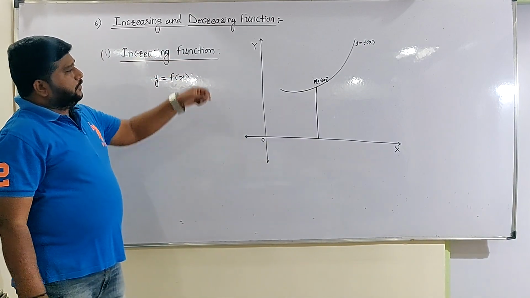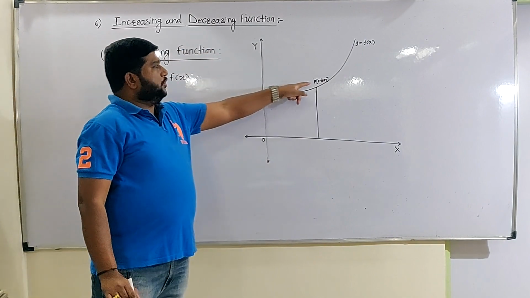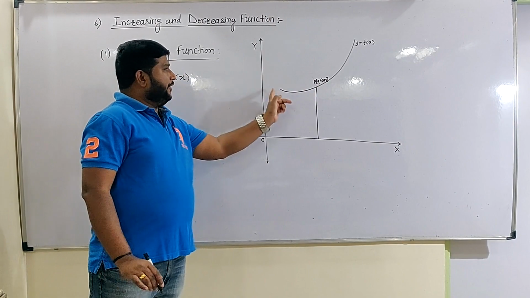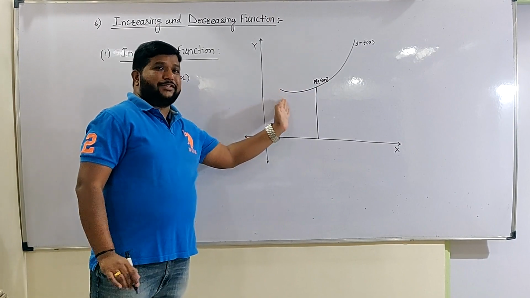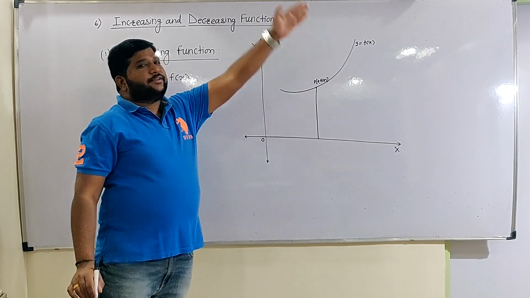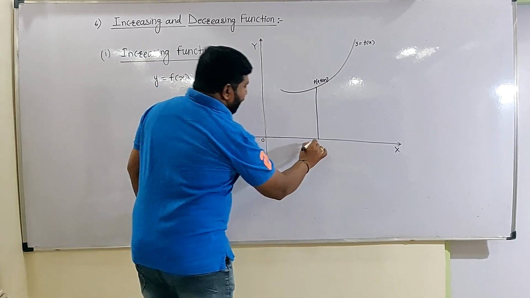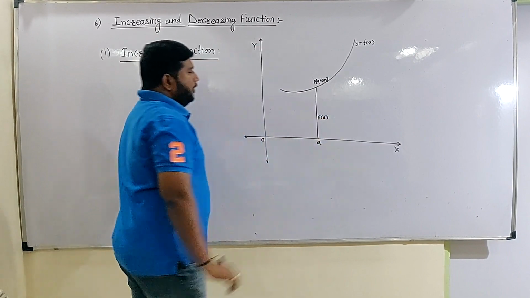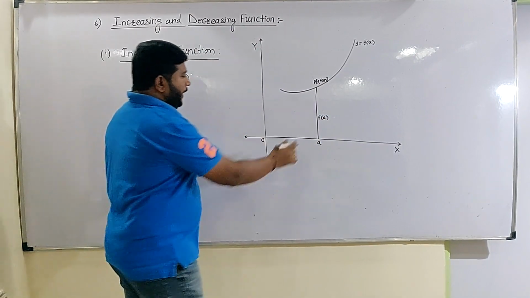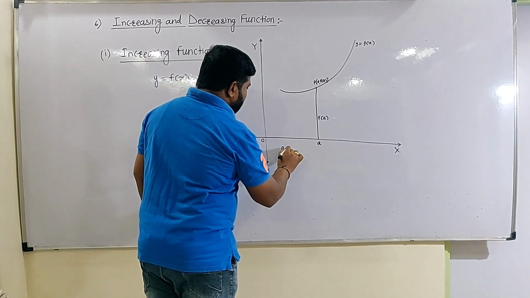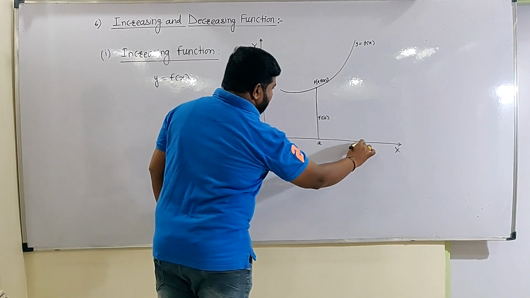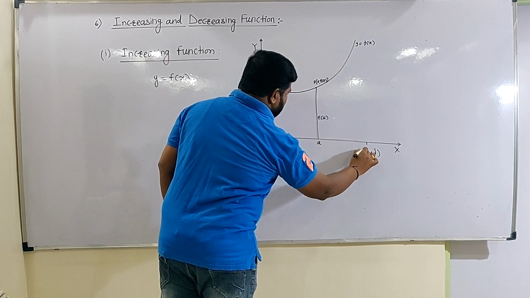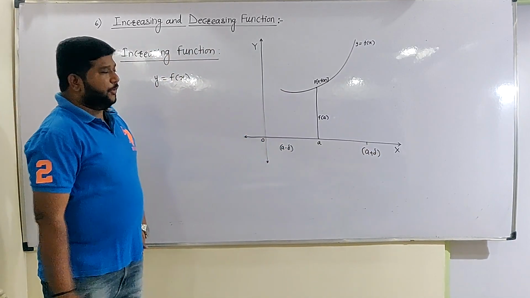By observation, this curve is rising from left hand side to right hand side, meaning it is increasing. This is the point a, and this is f of a. There is some neighborhood of point a, that is a minus delta, a plus delta.